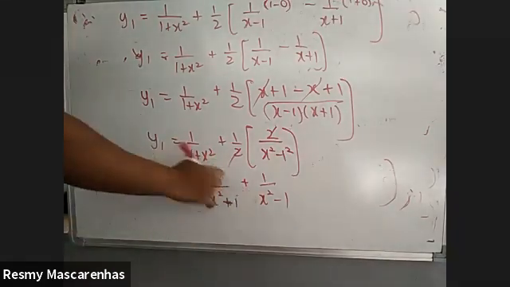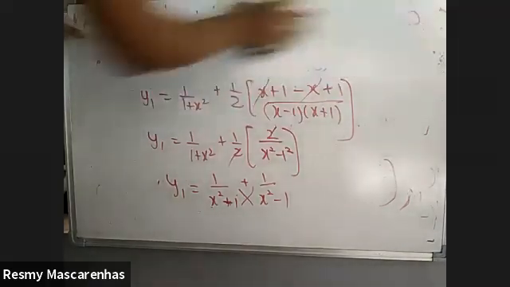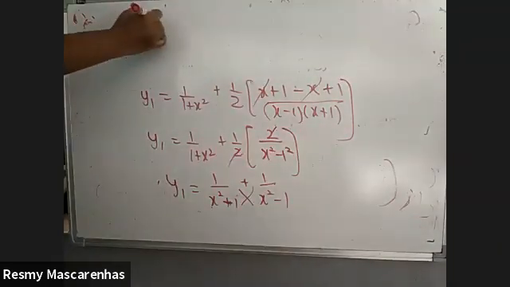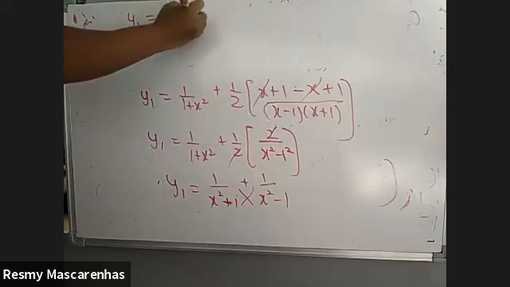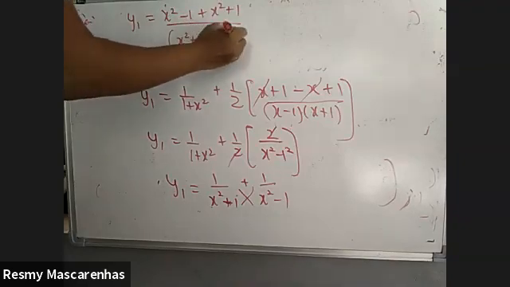And now again cross multiply. So when you cross multiply, x square minus 1 upon x square plus 1 into x square minus 1.